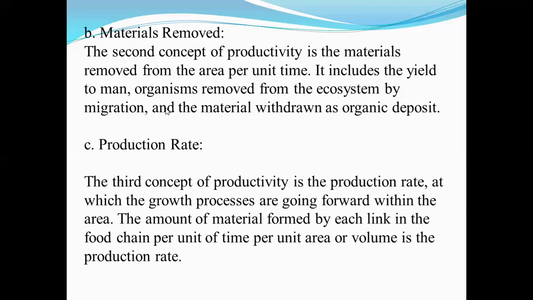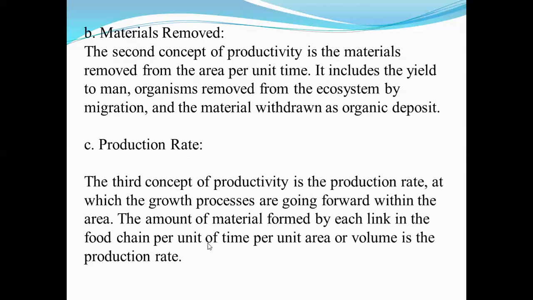Then the third concept of productivity is production rate. It is the rate at which the growth processes are going forward within the area. So the amount of material formed by each link in the food chain per unit of time, per unit area or volume is called a production rate. Just now we have learnt about primary productivity and secondary productivity.